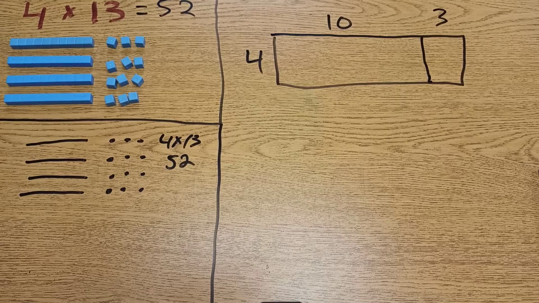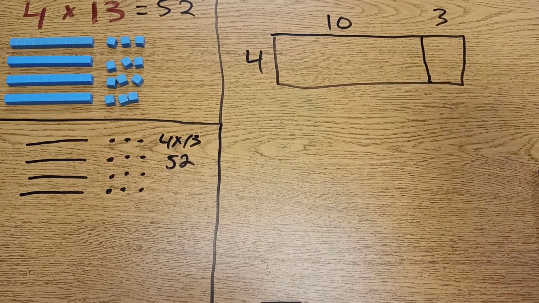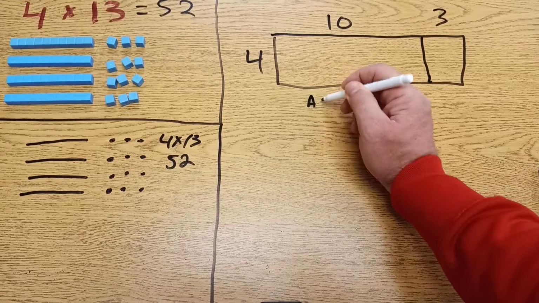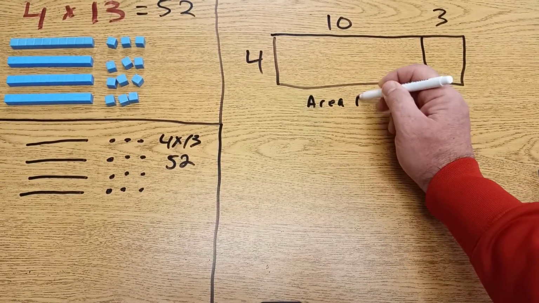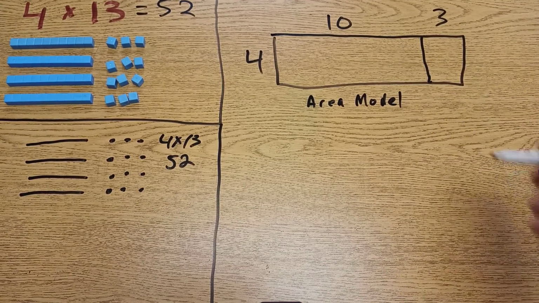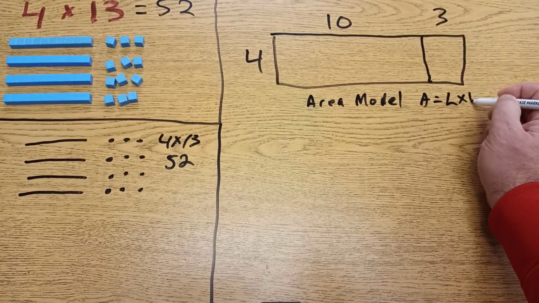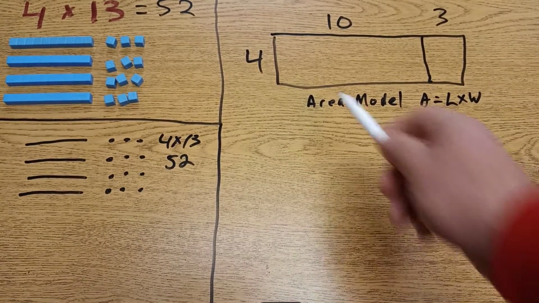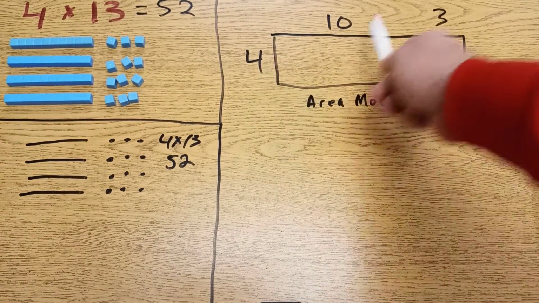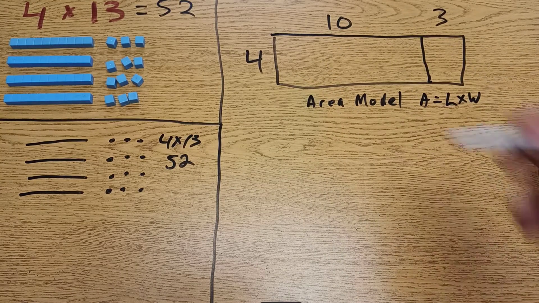So the first thing I would do is calculate the area of this part. And since this is an area model, I know area is equal to length times width. So the length of it is 4 and the width is 10, and 4 times 10 is 40.